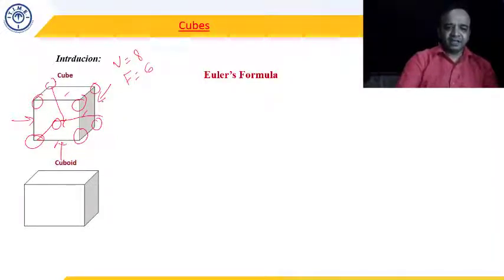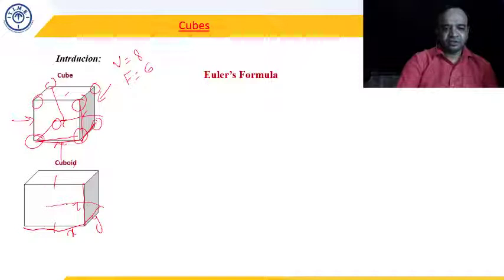Now look at the edges. Suppose this is your y-axis, this is the x-axis, and this is the z-axis. Just look at this cuboid. A cuboid also has the same. So suppose this is x, this is y, and this is z-axis. If I talk about x, how many edges are there? 1, 2, 3, and 1 behind it.